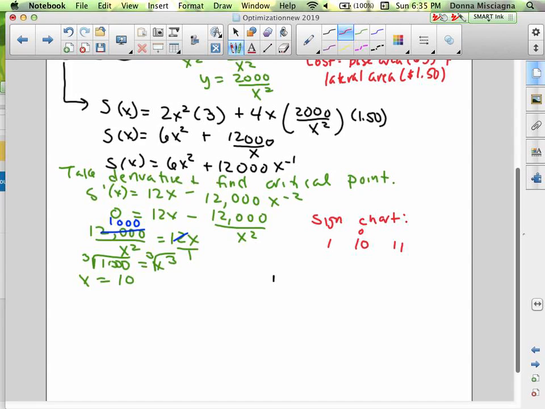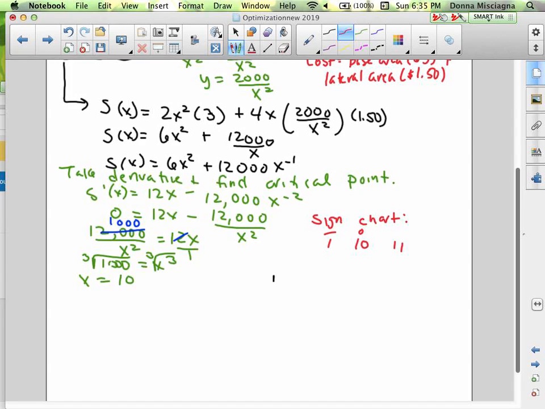We plug that into the derivative, the simplified one, but ignore the 0. So that would be 12 minus 12,000. All right, so clearly negative. And if we plug in 11, 12 times 11 is 132. 12,000 divided by 11 squared would be 12,000 divided by 121, which is 99.